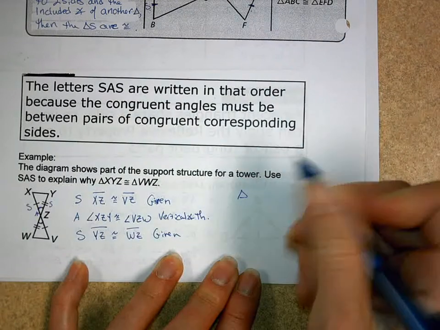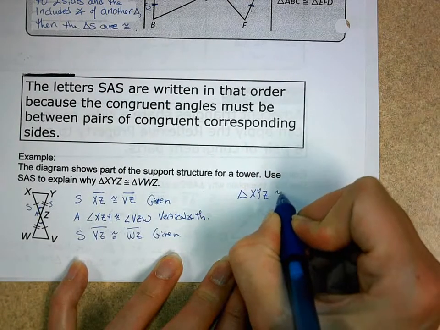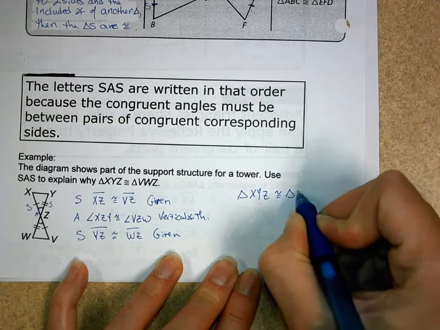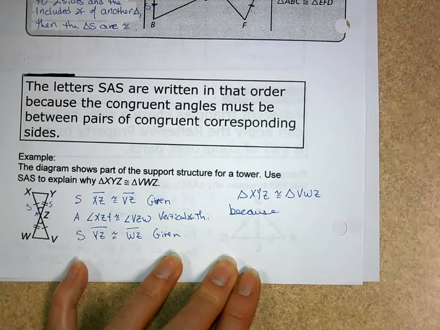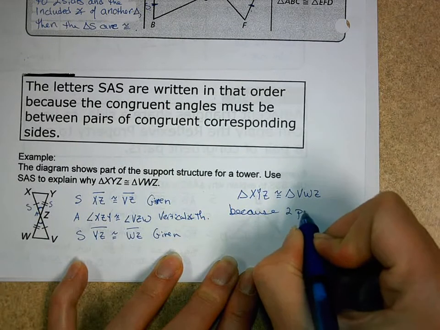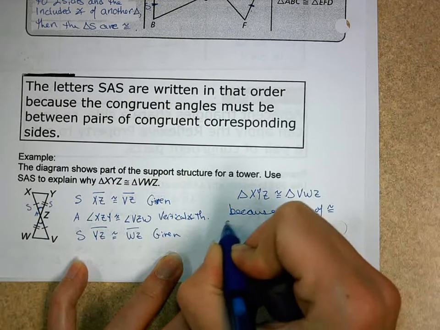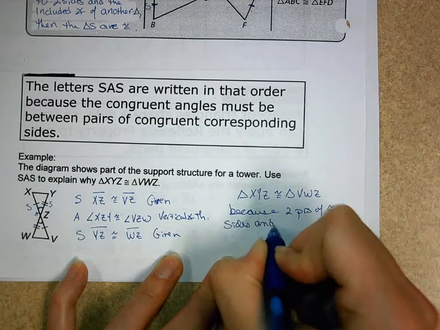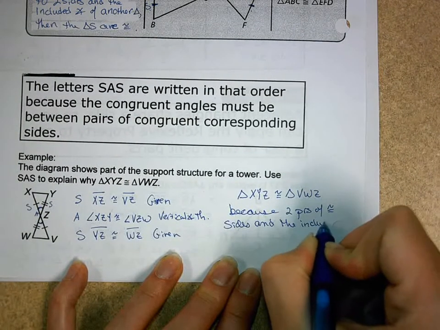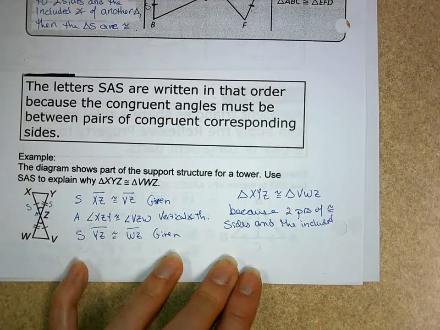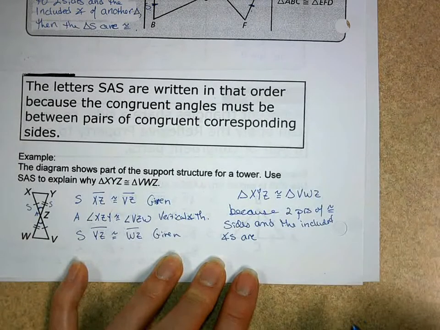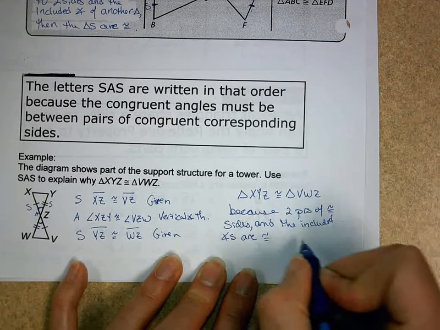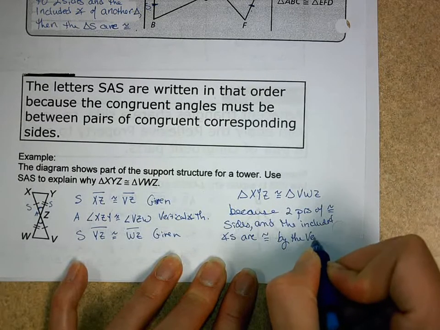I'd go triangle XYZ is congruent to triangle VWZ because two pairs of congruent sides and the included angles are congruent, by the vertical angle theorem.